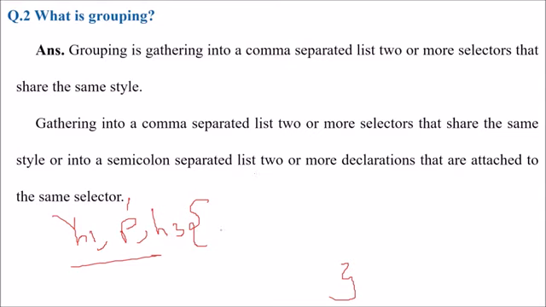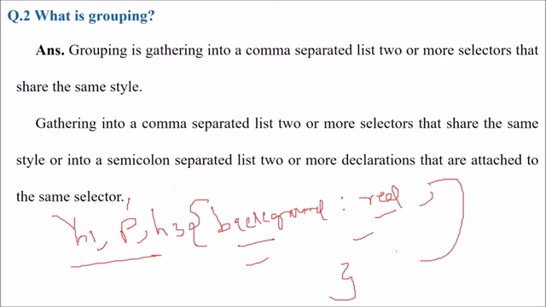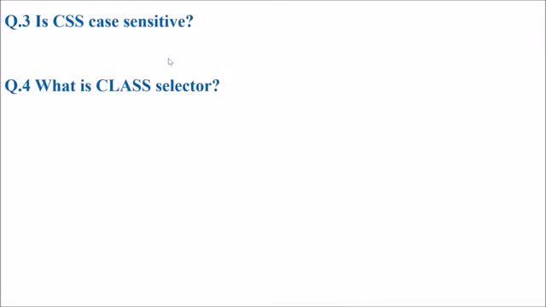Say I have some font size, I say background, colon, and say red, semicolon, and then again some property with some attribute. This is your grouping, or gathering into a comma separated list two or more selectors that share the same style.